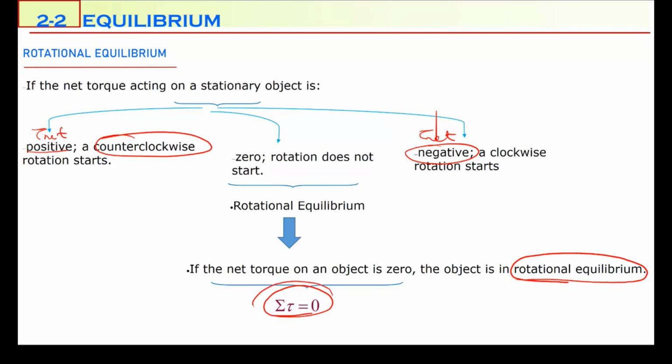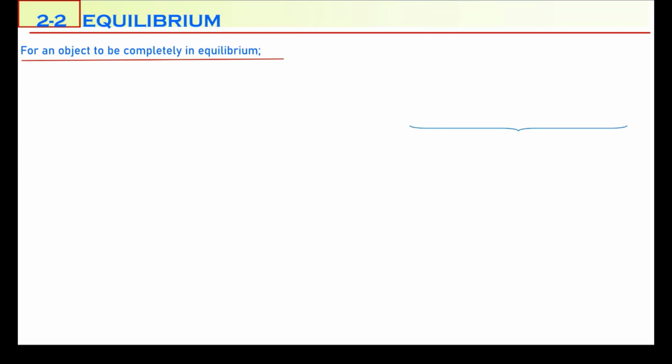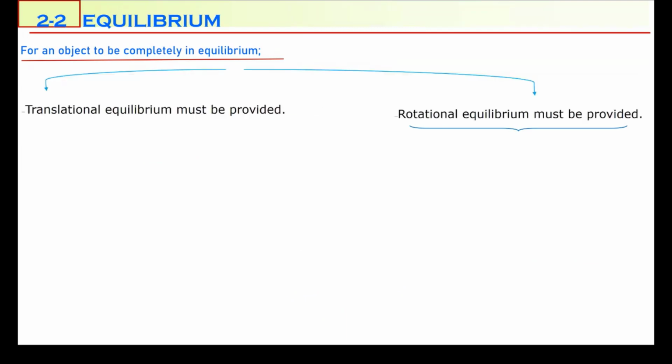But the condition for rotational equilibrium is what? Net torque acting on the object must be equal to 0, known as rotational equilibrium. Now we have two conditions of equilibrium. One of them is translational equilibrium. For an object to be completely in equilibrium, first, translational equilibrium must be provided, and also rotational equilibrium must be provided.